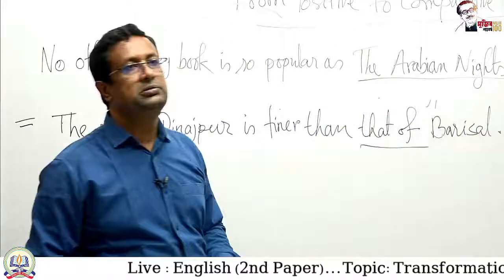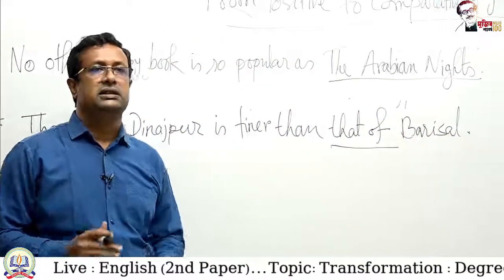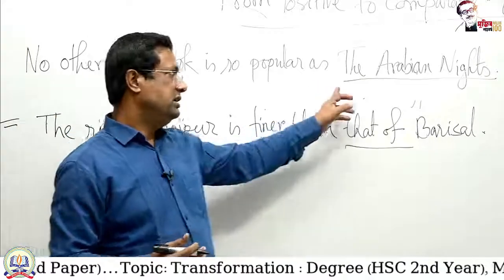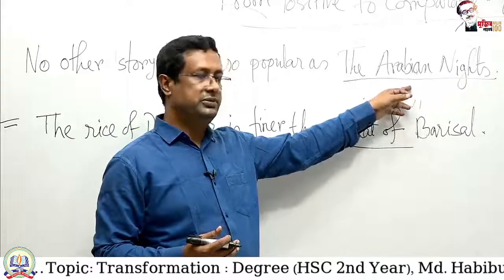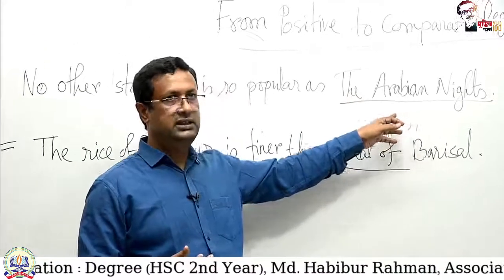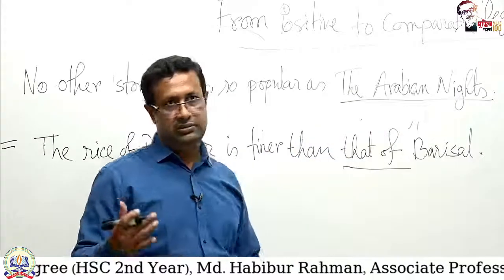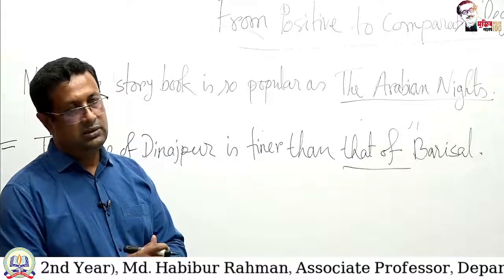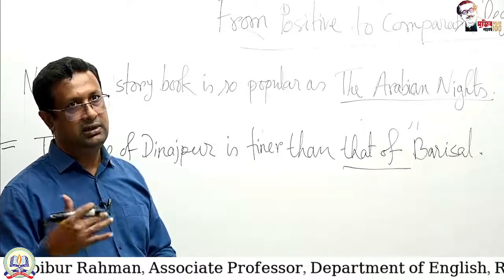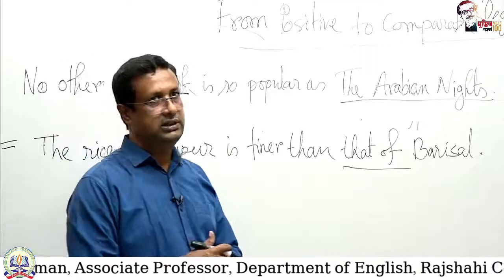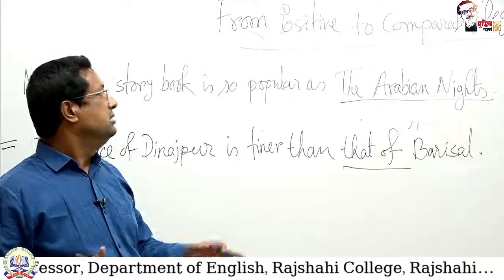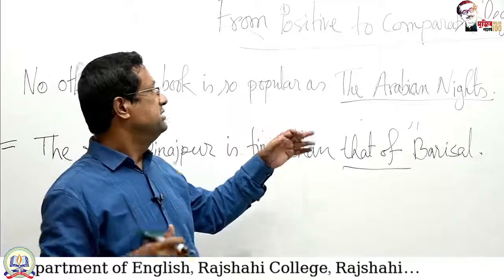When you want to mention the name of any printed book, you have to underline the name of the book. The name of the book is The Arabian Nights. This is the name of a book. You know, several stories are there, 1001 Nights, that is Alif Laila wa Laila. In Arabian Nights, you find the stories there.